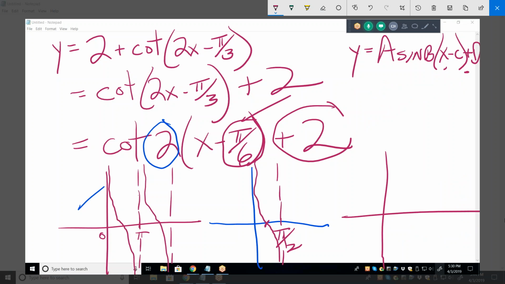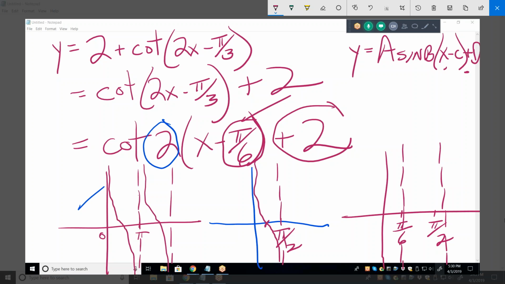So let's see, if that's pi over 2, then pi over 6 would be about 1/3 of that way. So this is where my first vertical asymptote goes. Where's my second vertical asymptote go? It's over here somewhere. It needs to be shifted pi over 6 to the right also.